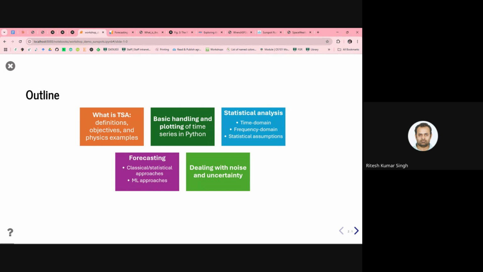Is there any scope of time series and forecasting for collider data? I can tell you from my side, no, because each collider event is independent of the other one, so there is no time series. However, what would be time series in the collider is the tracking data, but tracking data comes without the timestamp.